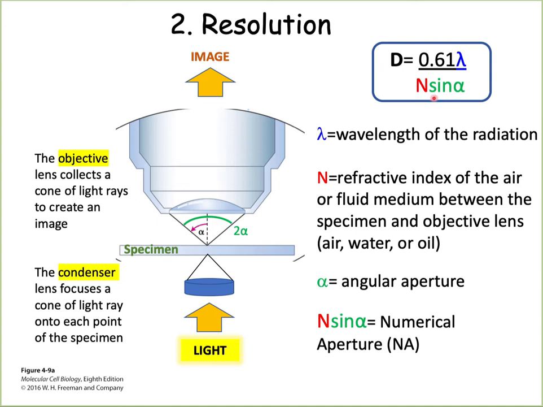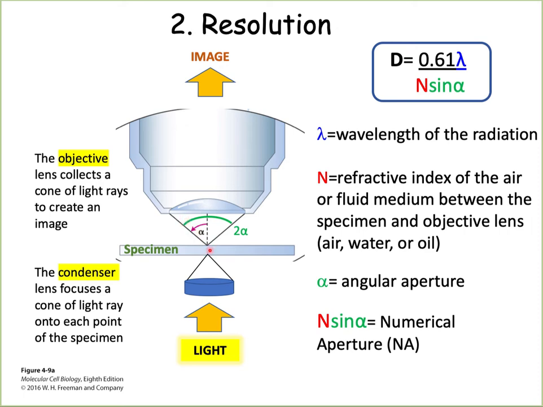Here n is the refractive index of the media the specimen is sitting in under the microscope. All specimens are in some type of media. It could be air, it could be an immersion oil, or it could be even water. And all of the media have a refractive index, which is represented by the n in this formula. The alpha is the angular aperture of the microscope system that you are using.